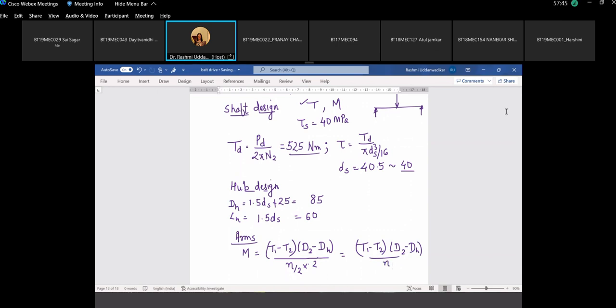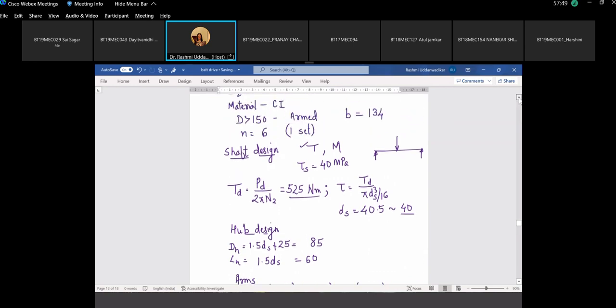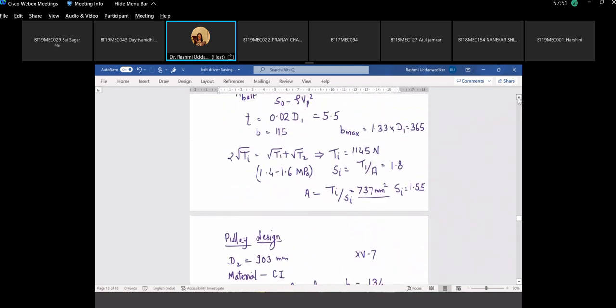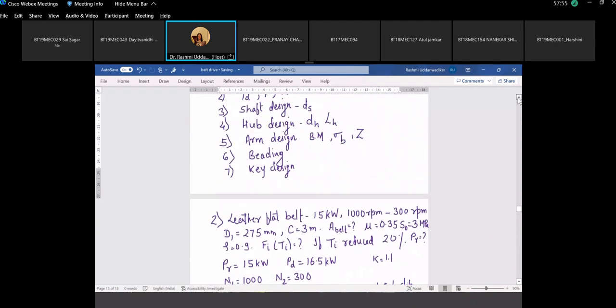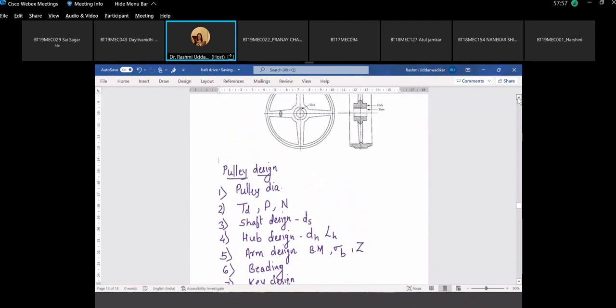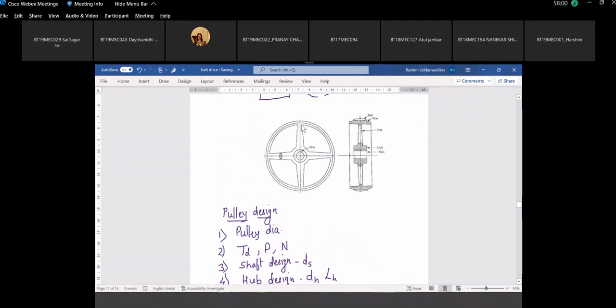To explain this formula again, I am going back to the figure showing the pulley. Yeah, so this is the arm. Look at this image again. The load coming at this end of the arm is T1 minus T2. This is the difference between the belt tension.